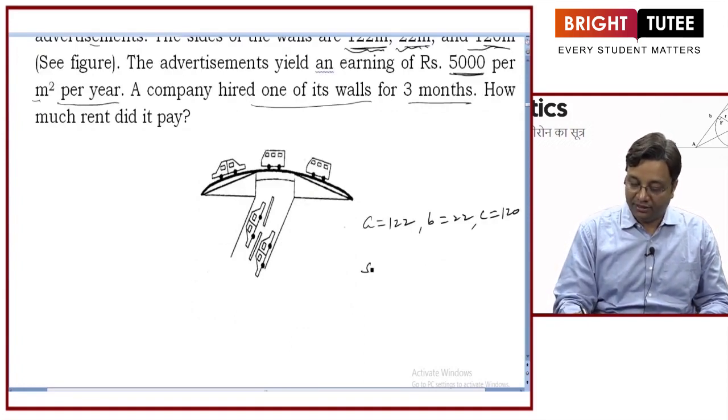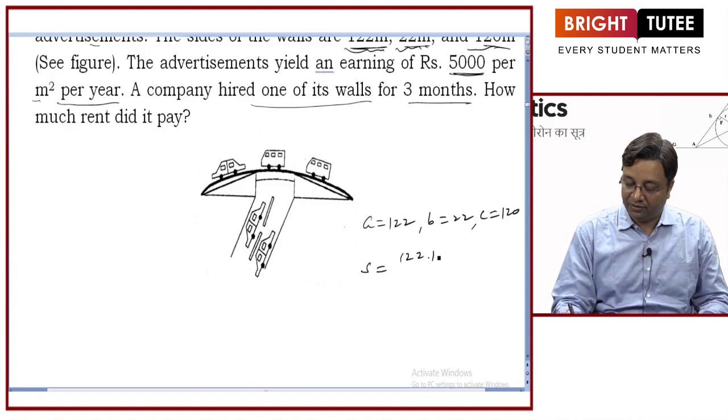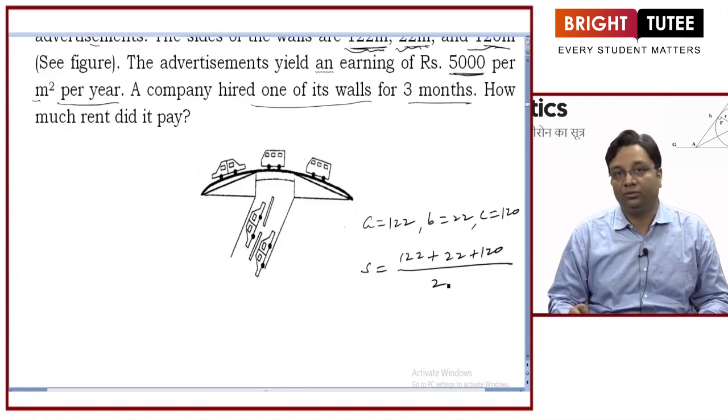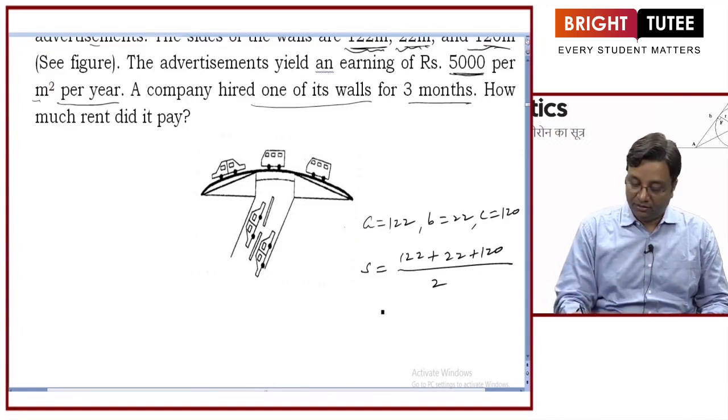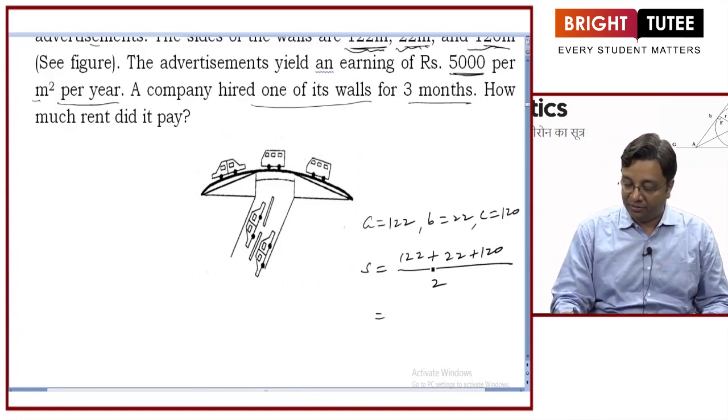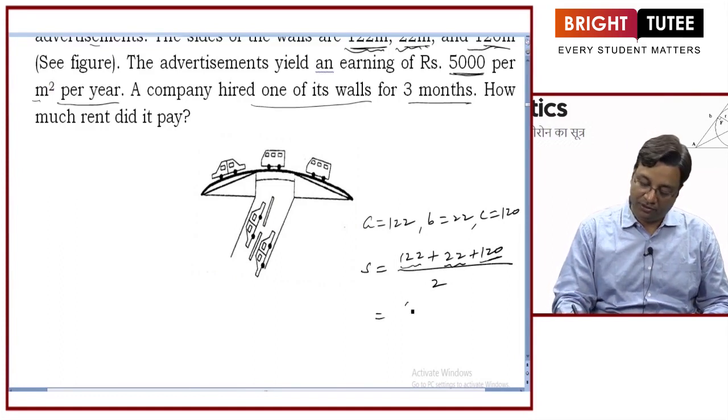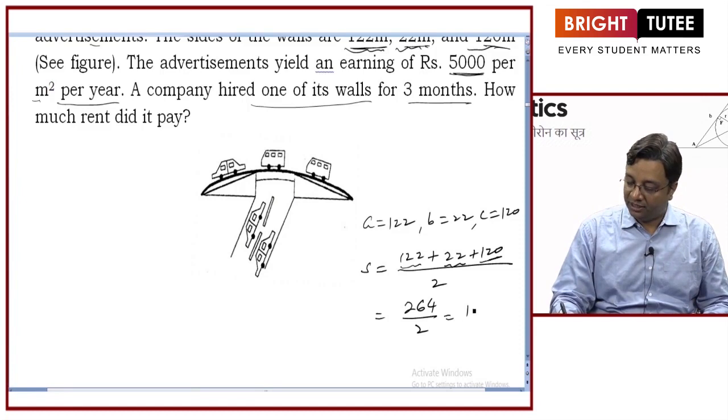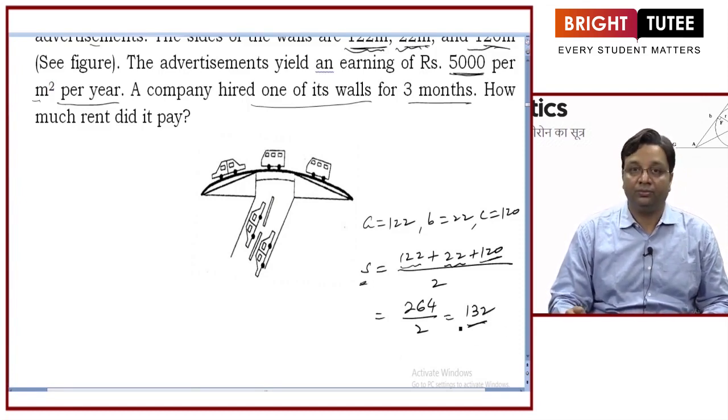First, the semi perimeter, which is 122 plus 22 plus 120 by 2. 122 and 22 is 144, 164 and 264. So, this is 264 by 2, which is 132. So, the semi perimeter is 132.